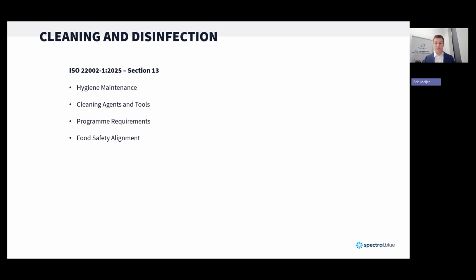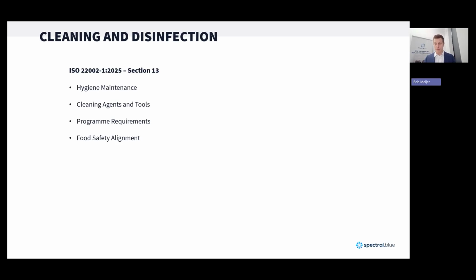These must be clearly labeled, stored properly, and maintained to avoid introducing contamination. Cleaning and disinfection plans must define what needs cleaning, how often it's done, who is responsible, the method that is used, and how effectiveness is monitored and verified.